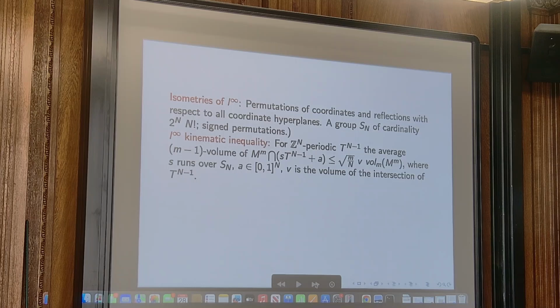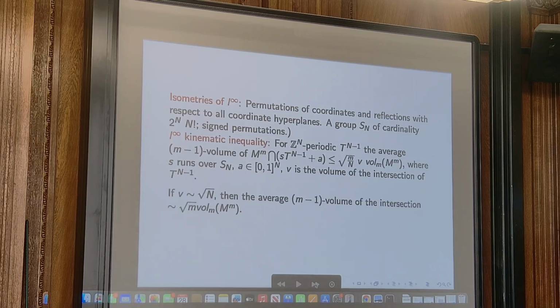Here we have a discrete set of transformations, so we don't hope for equality like an honest kinematic formula. We hope for an inequality. In fact, the constant in our inequality is slightly worse than the constant in the kinematic formula, but has the same order of magnitude. It's square root of m divided by n. That's what is important for us.